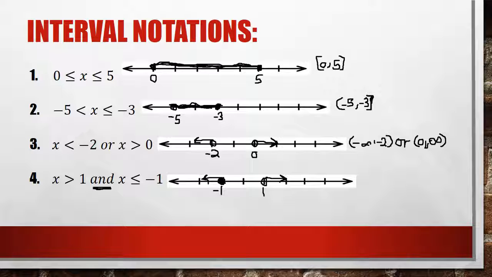And since there is no value that satisfies both inequalities, there is no solution for this inequality. There is no x value that satisfies both of these two inequalities. No value that these two inequalities share together. So there is no solution for this inequality.